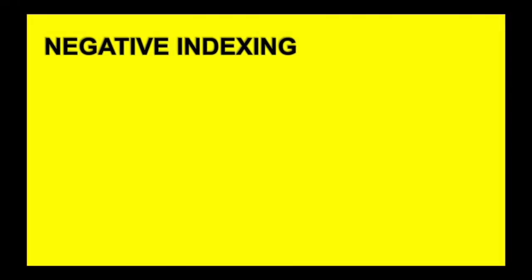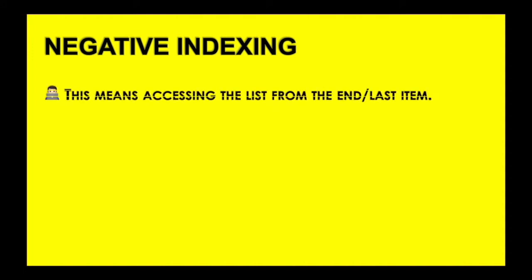Okay, so basically when we say negative indexing, this is just like our indexing before, but this is the counterpart of it on the other side. This means accessing the list from the end or from the last item. Contrary to our indexing discussion in the previous video tutorial, that is actually accessing the list from the very beginning.